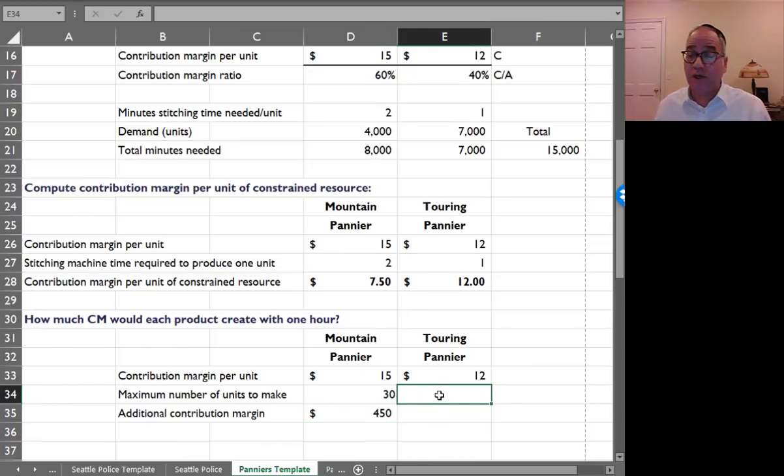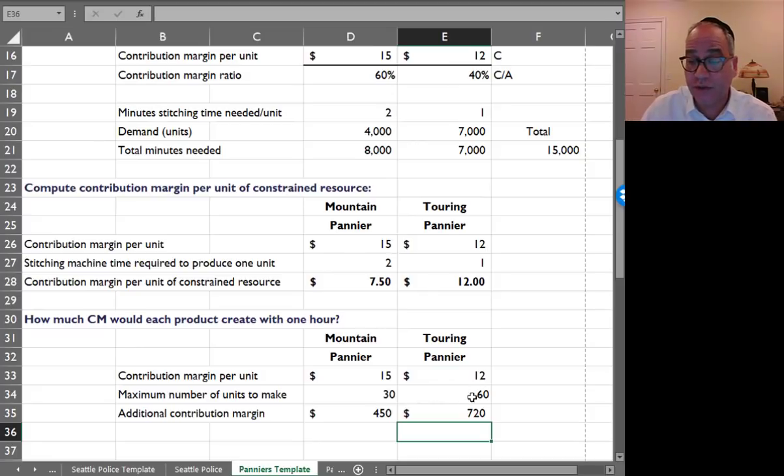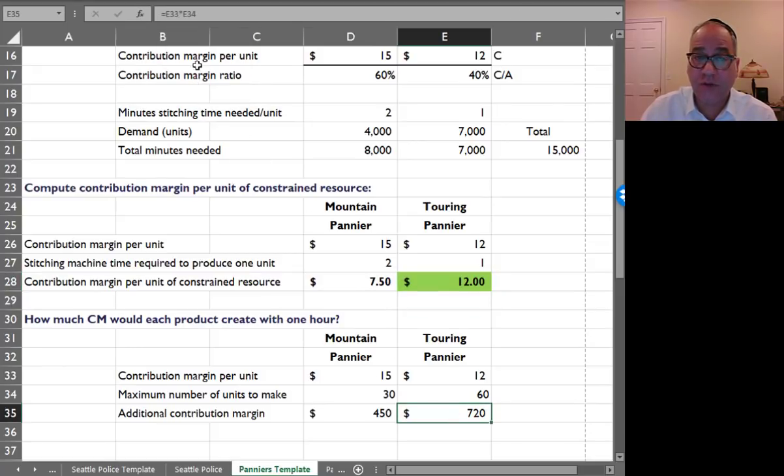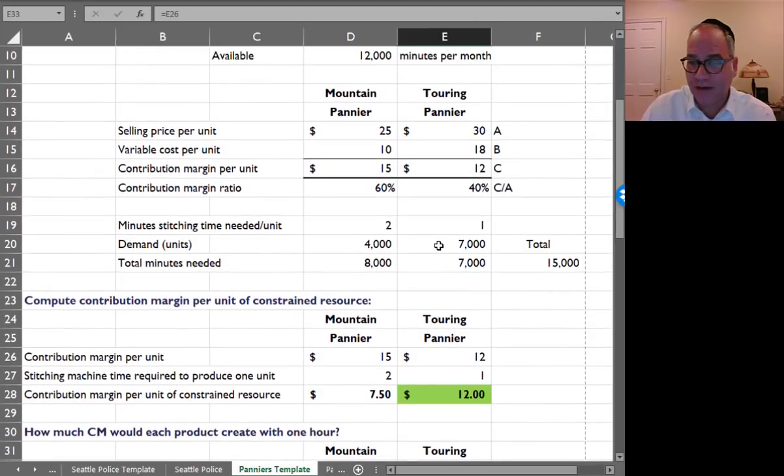Now the touring pannier only takes 1 minute per unit, so you can make 60 units in an hour, and therefore using the stitching machine for an hour you can earn $720 worth of contribution margin. So clearly the item you're going to prefer will be the touring pannier, because you can squeeze a lot more out of 1 hour, since the touring pannier is going to give you a lot more profit per hour of stitching time than the mountain pannier. The problem is that you only have demand for 7,000 units of it.